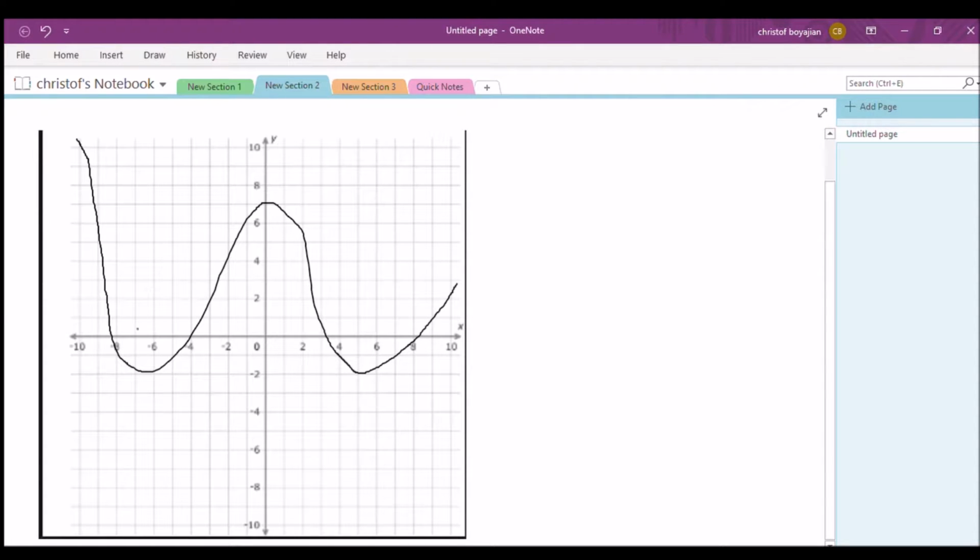Now, basically, the name zero just comes from whenever the y value of a function is zero. And that means when the y value is zero, it's when your function crosses the x-axis. Because over here at this point, I'm going to point an arrow at this particular point, for example, there's no y value here, right?